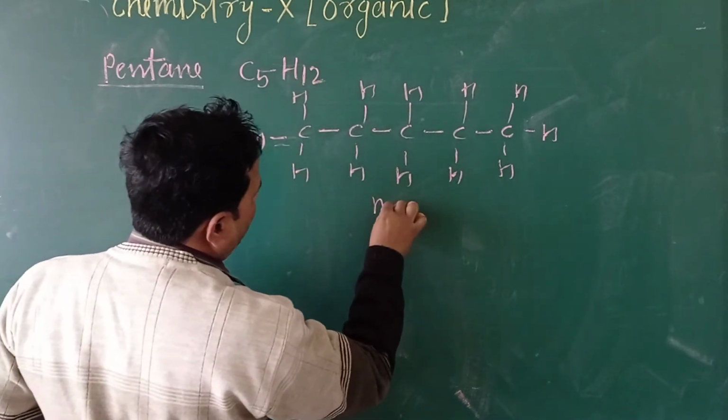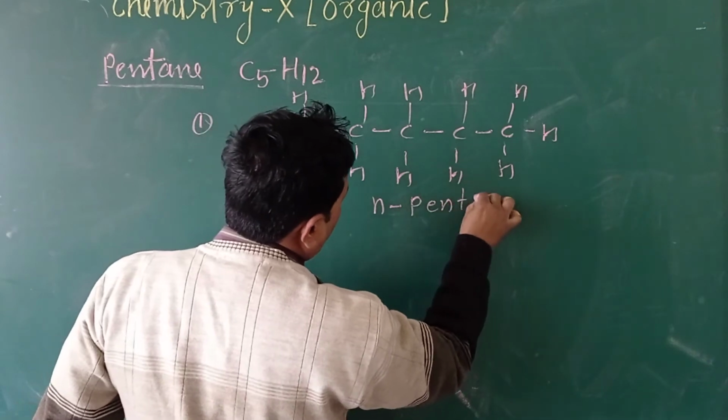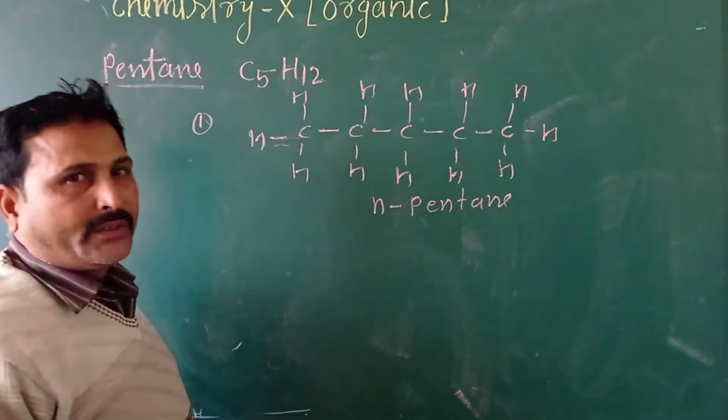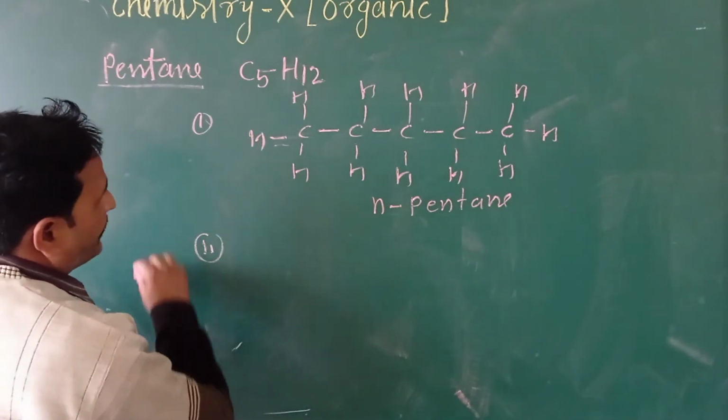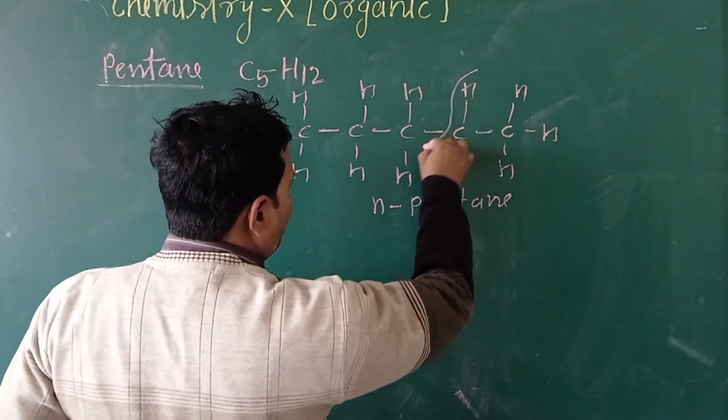This is N-pentane, normal pentane. Don't write neo and iso, okay? Generally write it this way. For the second one, I am going to remove this one.